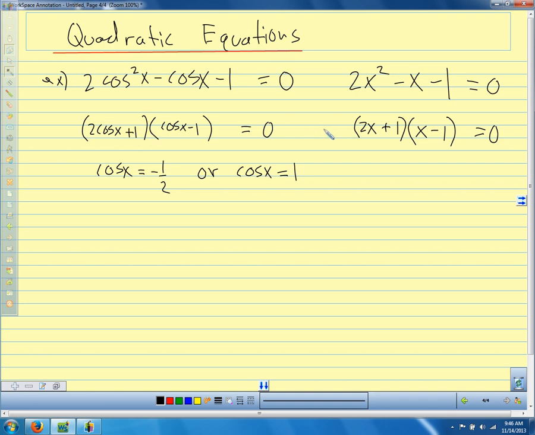Now did we factor this correctly? Yeah, I think we did. So on the unit circle, where is cosine equal to 1/2 or negative 1/2? So we want our x coordinate to be the short side of our triangle and negative. 2 pi over 3.